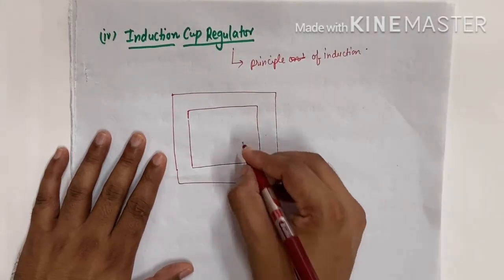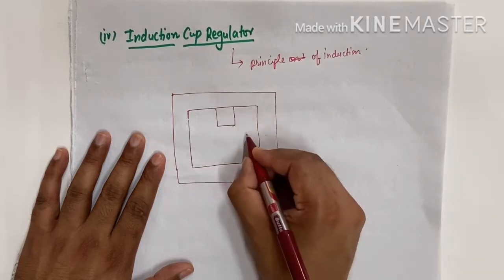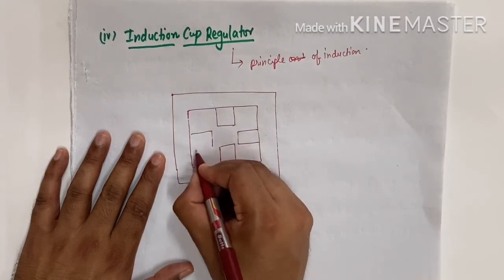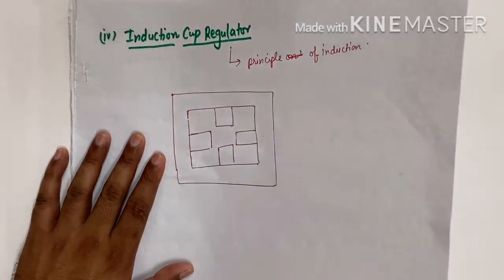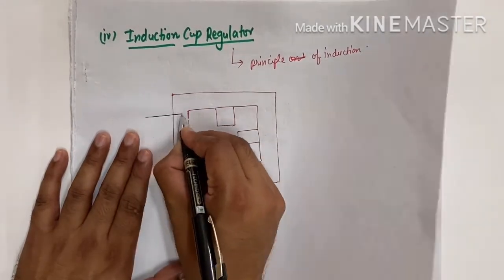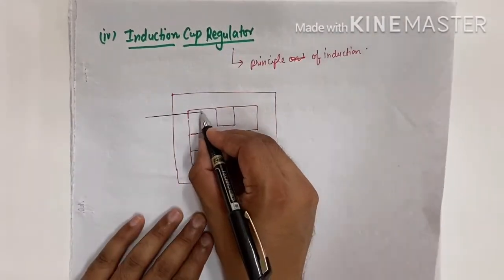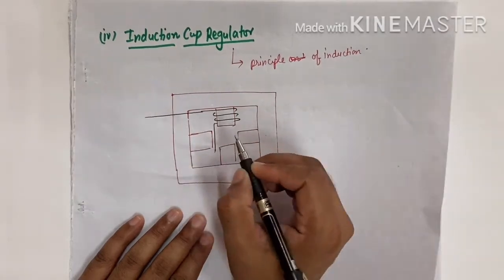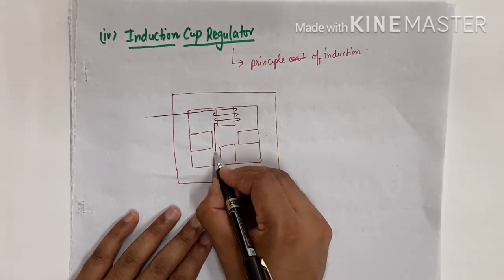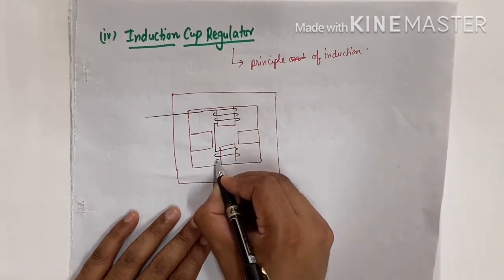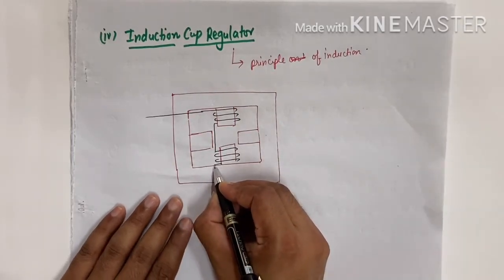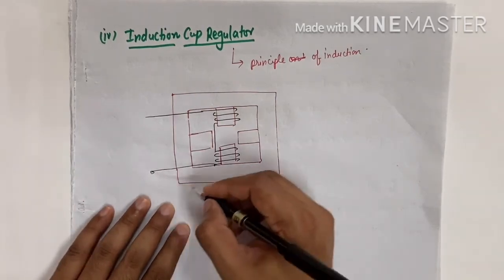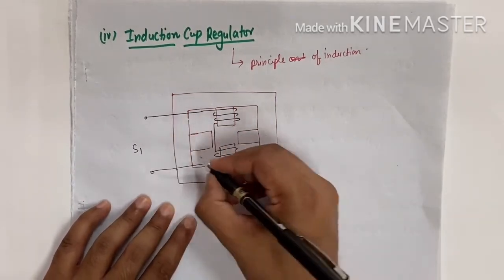Okay, here we place a winding, and this is called the S1 winding.